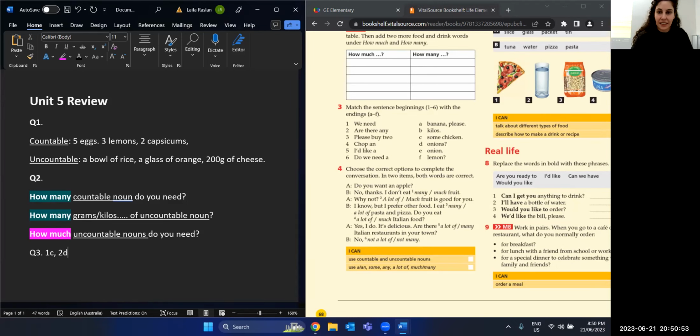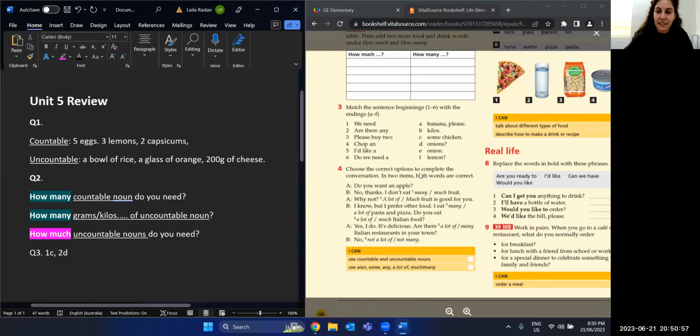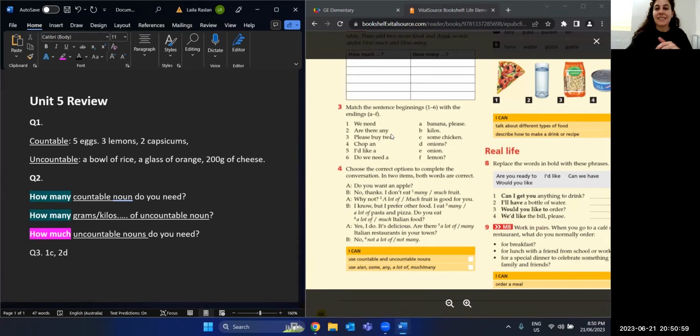Are there any onions? Because any is used with plural. You can't say, are there any book? Are there any books? Can't say, are there any apple? Are there any apples? So make sure the word any plus plural. It must be an S with the noun.